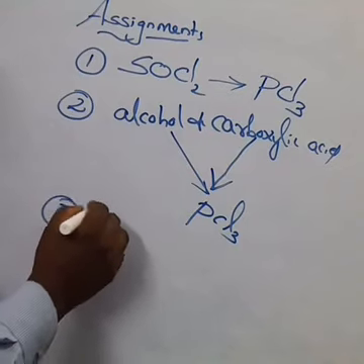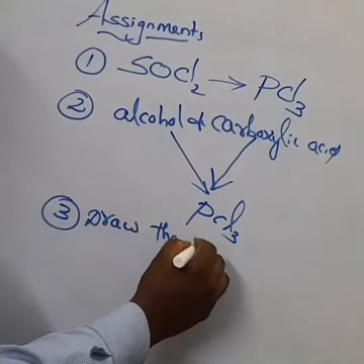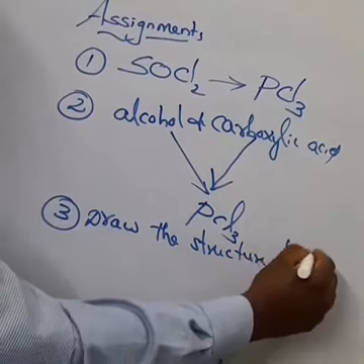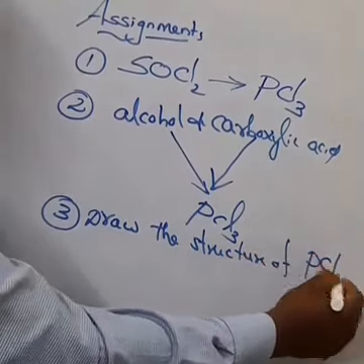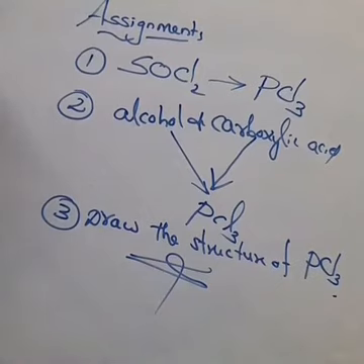Next, draw the structure of phosphorus trichloride. Okay, the remaining portion, structure of oxo acids of phosphorus and preparation of oxo acids of phosphorus, you also have to learn thoroughly from the next class.